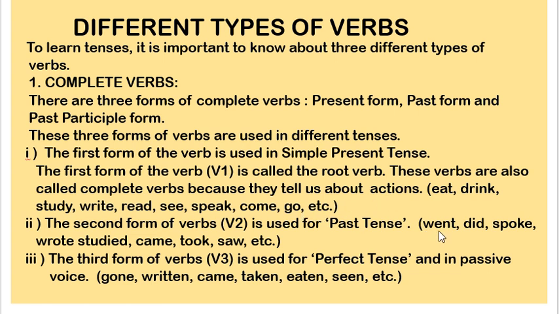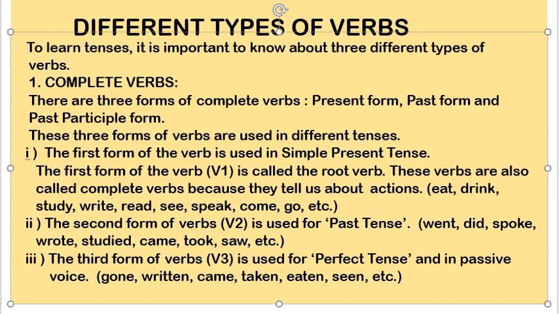In past tense, do changes into did. Speak is written as spoke. Write will be written as wrote. Study is written as studied. Come is changed into came. So unless we know these forms, we won't be able to complete the past tense.